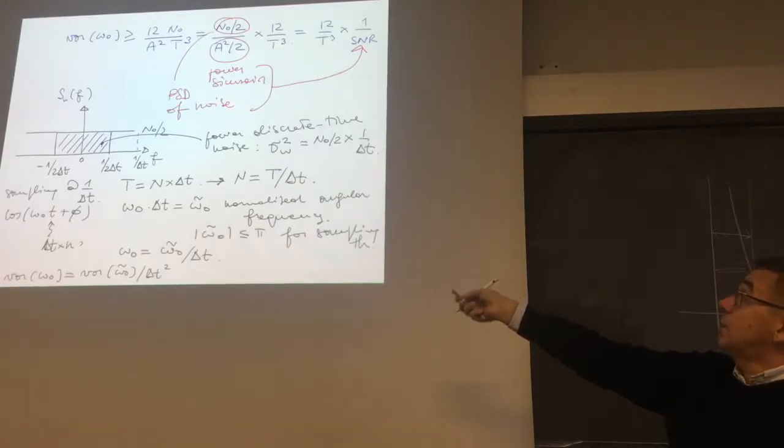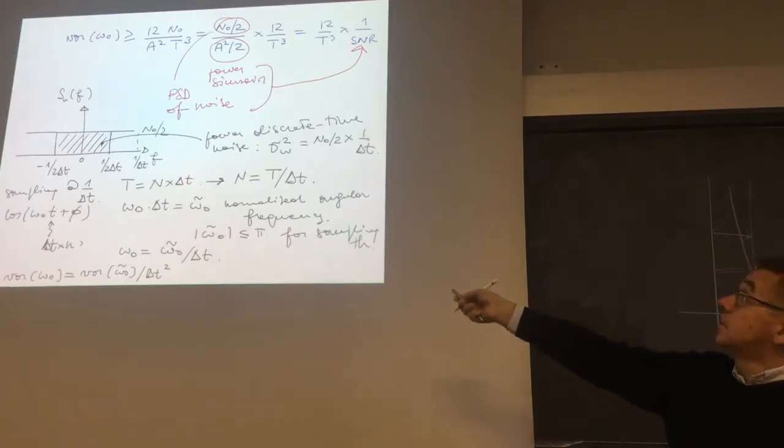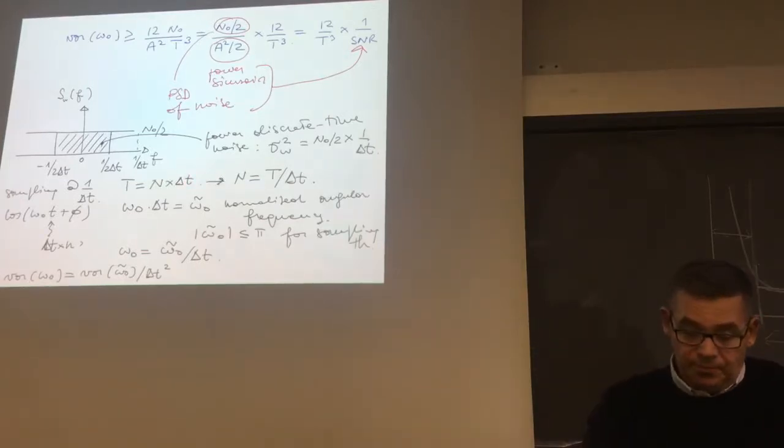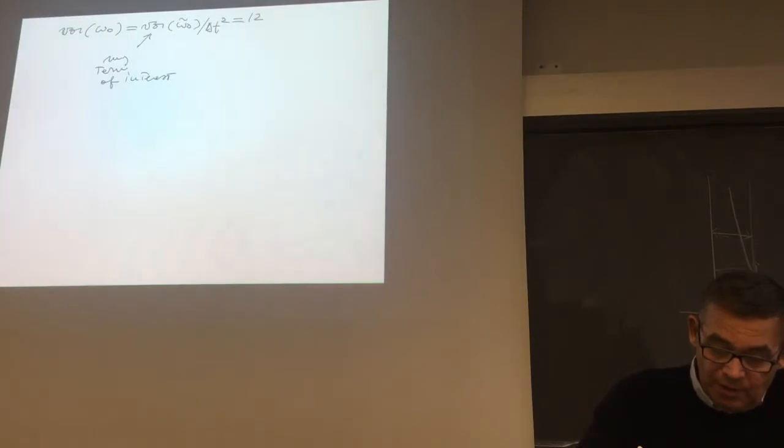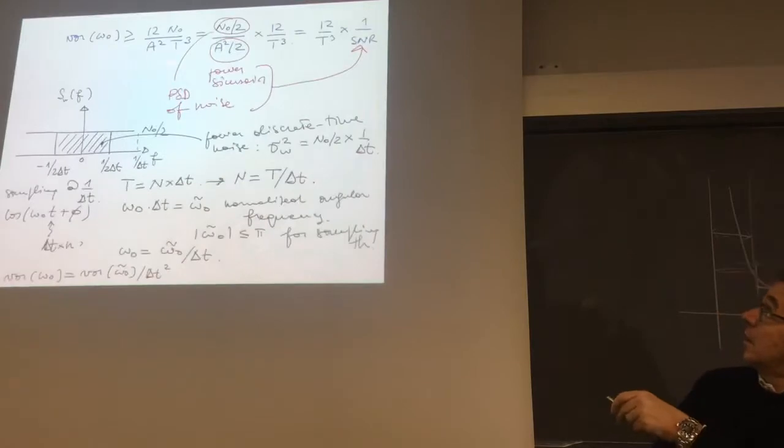But what is t cubed? It's n times delta t. Okay? So let's use it. So it is 12 divided by t cubed, which is n cubed delta t cubed. Okay. That's that one.